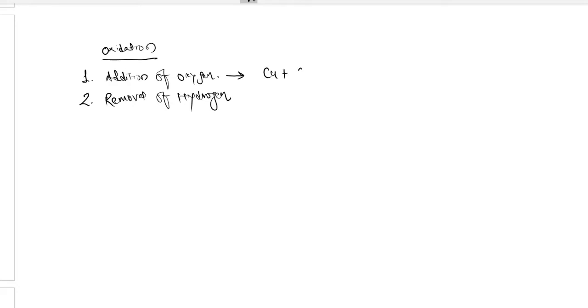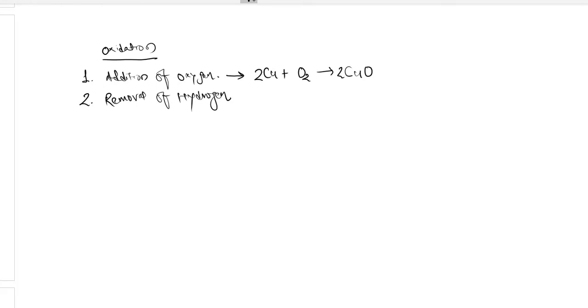Cu plus O2 gives CuO. Of course, it will be 2Cu plus O2 gives 2CuO, balancing it. What happened in this reaction? In this particular reaction, oxygen was added to copper.